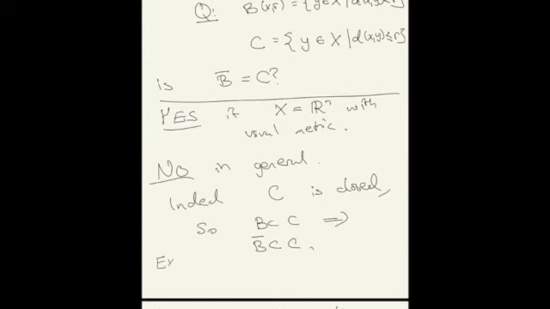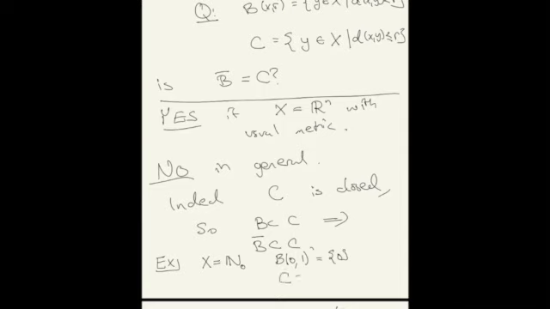An example of non-equality. Example: if my metric space is just the natural numbers, and I take the ball of radius 1 centered at 0, and here let's say 0 is a natural number, so this includes 0, then the ball of radius 1 is just {0} because the distance to any other element is at least 1.